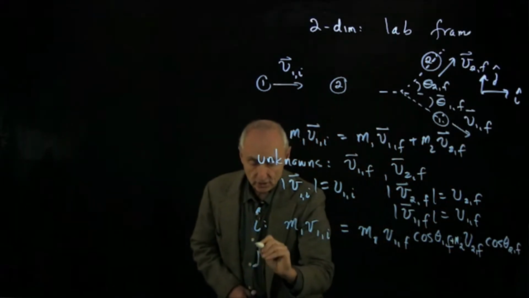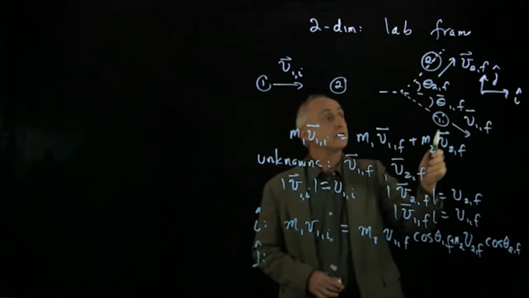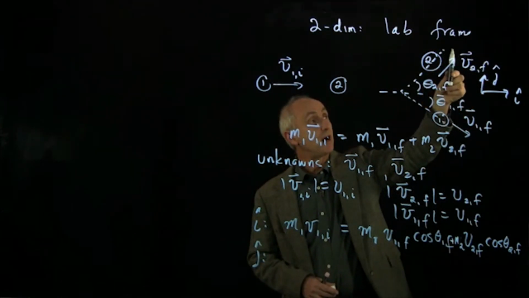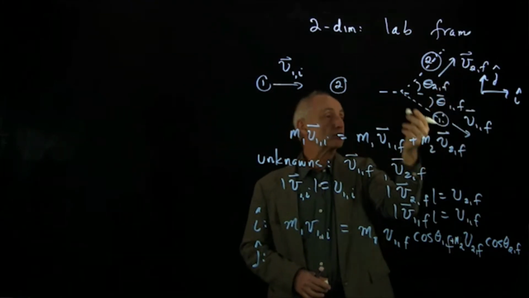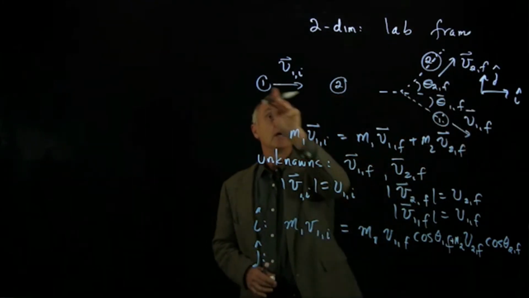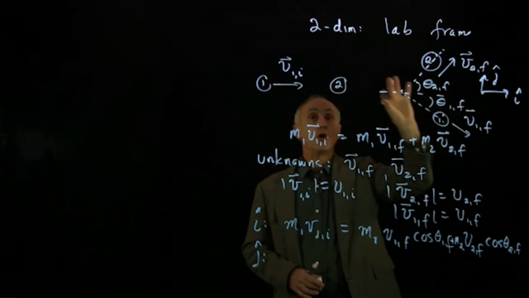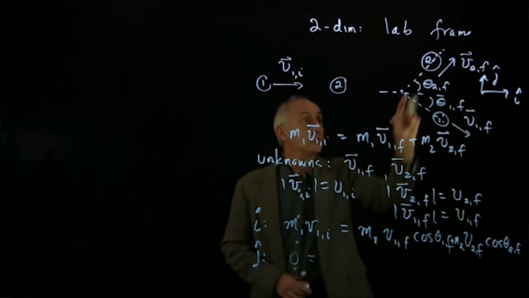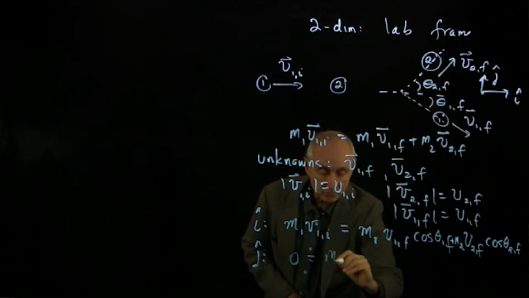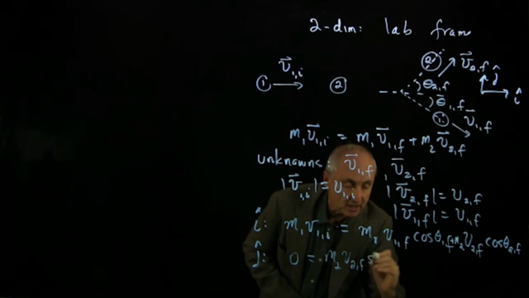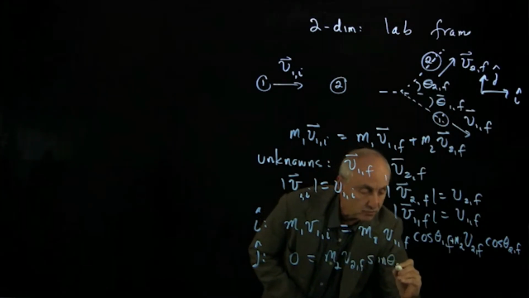Now the j hat direction, remember, we have to be careful because we're taking positive j hat up. So our particle 2 has a positive component in the j direction, and our particle 1 has a negative component in the j direction. The incoming momentum, there's no momentum in the j direction, so we have a 0, and that's equal to positive m2 v2 final sine theta 2 final.